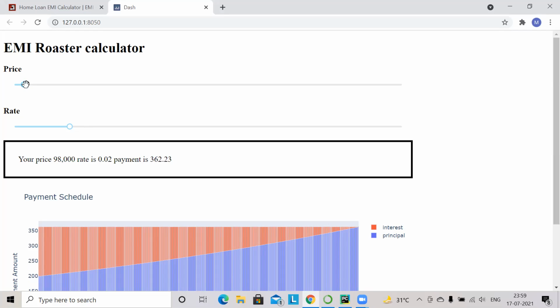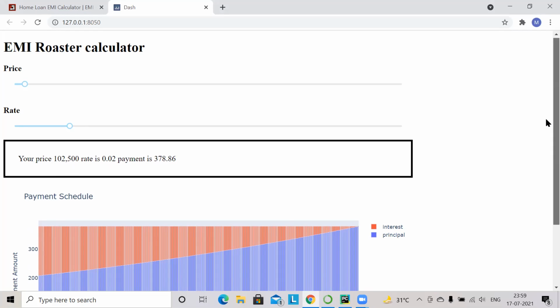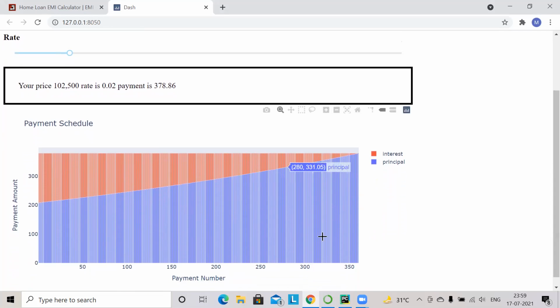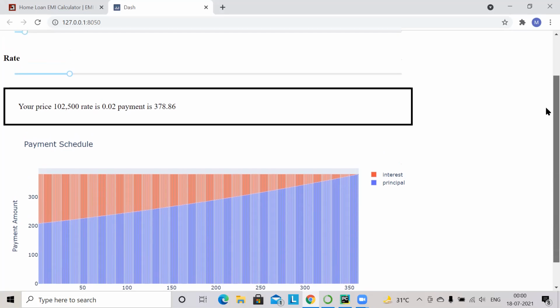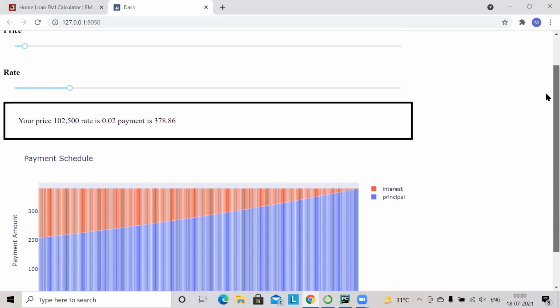Okay, it's not the exact price. For 1 lakh 2,500 principal amount, the interest rate is 2%, and every month I am going to pay an EMI of 378.86 rupees for 30 years. So this is the graph for this.